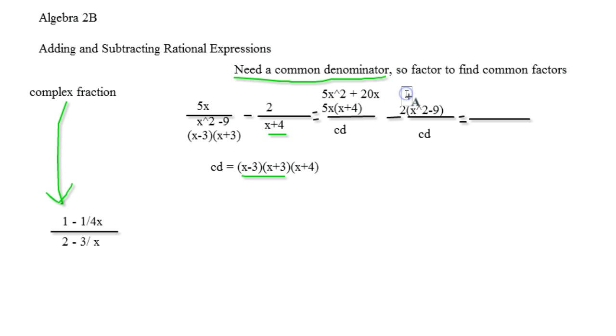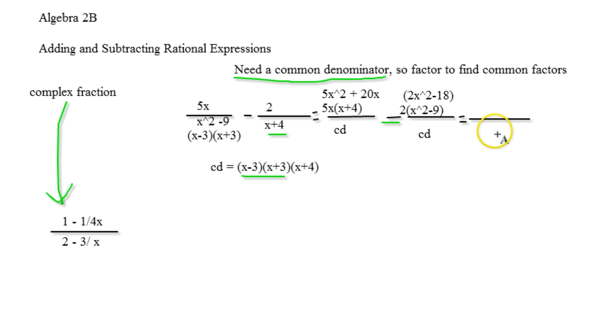And then this part right here is going to be 2x squared minus 18. I'm going to be minusing this, so this will be in parentheses because I'm minusing the whole thing.